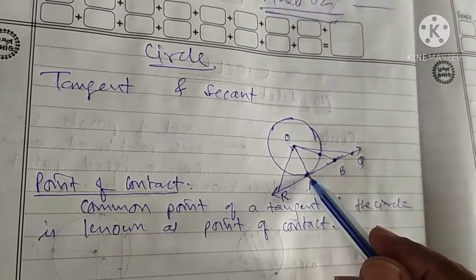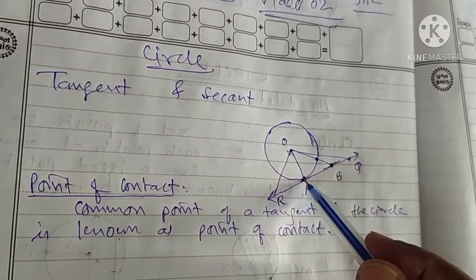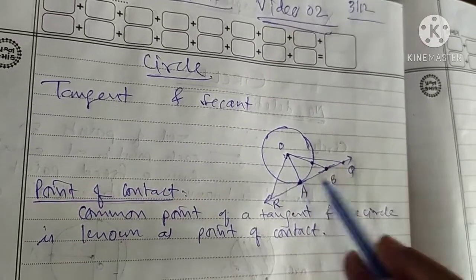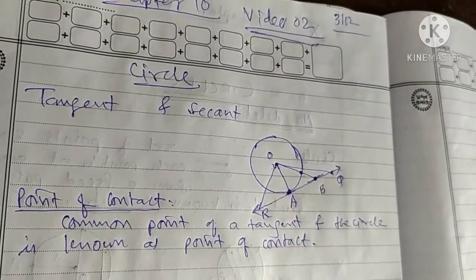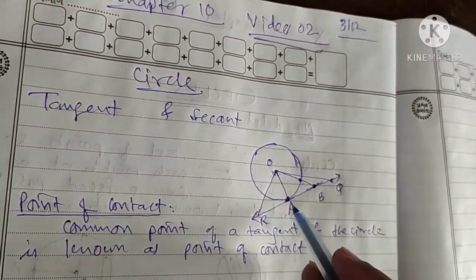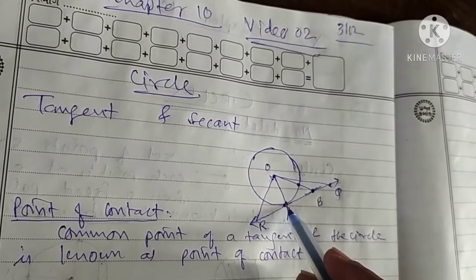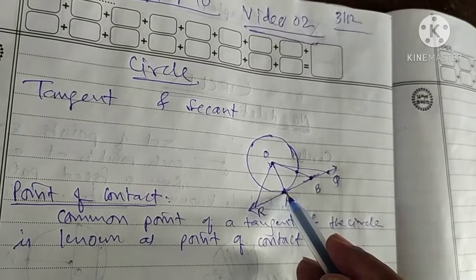Remember it. And shortest distance is always perpendicular distance. So we can say that children, the tangent at any point on the circle is perpendicular to the radius of the circle through that point.